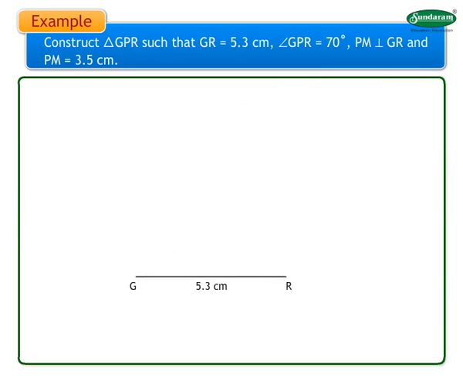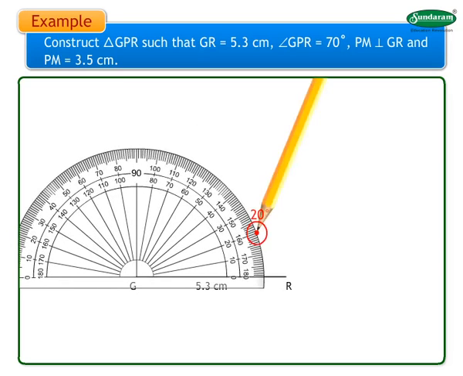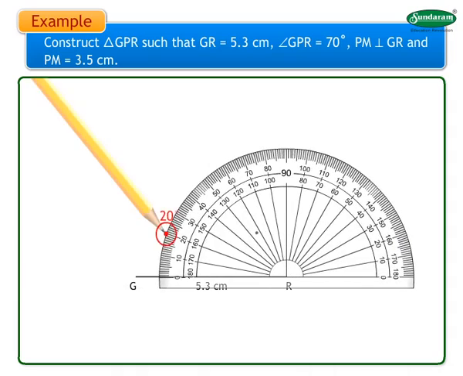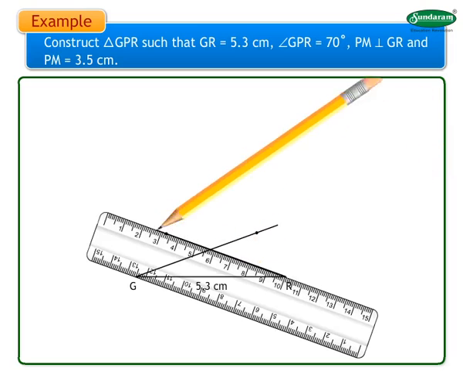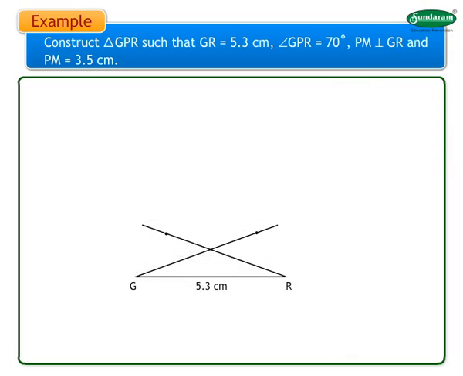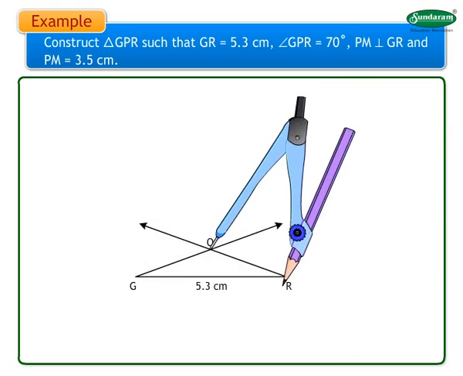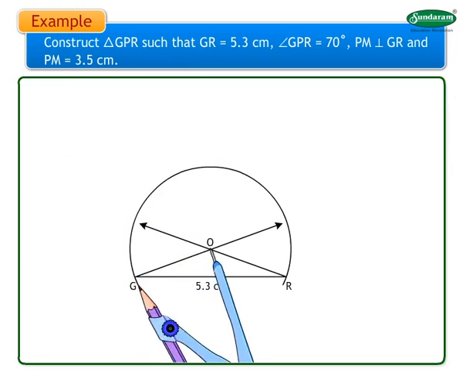Draw segment GR of length 5.3 centimeters. Now, at the end points of segment GR, draw angles of 20 degrees each and let the intersection of arms of angle be O. Taking O as the center and OG as radius, draw an arc to the center side of the circle.